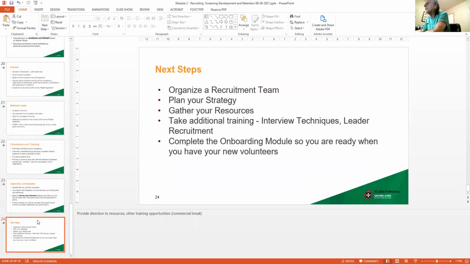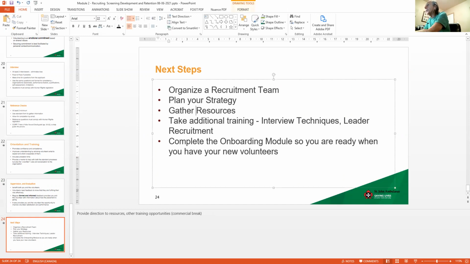Next steps. Organize a recruitment team, plan your strategy, gather resources, take additional training, interview techniques, leader recruitment, etc. And then complete the onboarding module so that you are ready to prepare for your new volunteers.